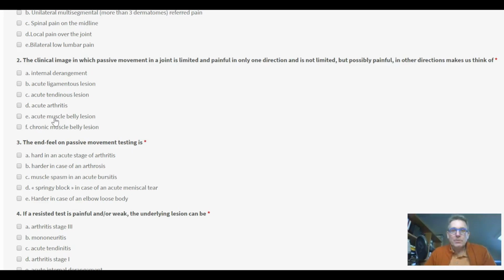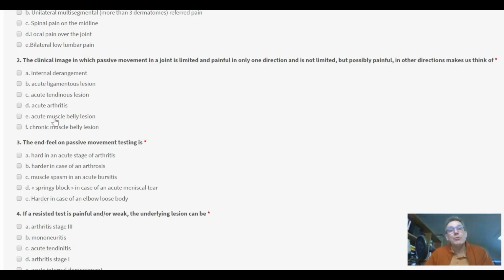An example is, for instance, an acute muscle belly lesion of the gastrocnemius, a muscular tear in the gastrocnemius. Well, you may be sure that your passive dorsiflexion of the ankle is going to be quite painful and quite limited because of the muscle spasm around the lesion in the muscle belly.